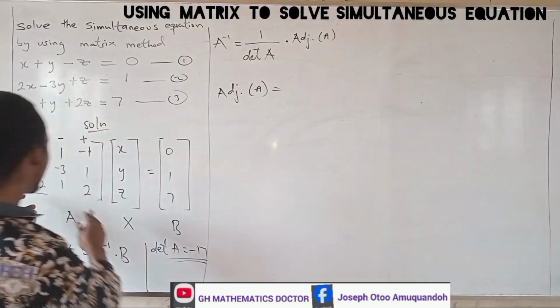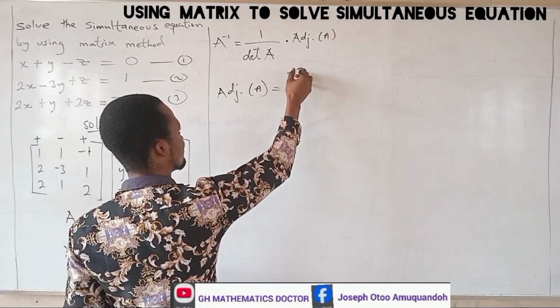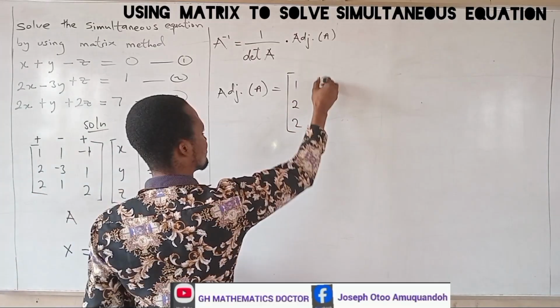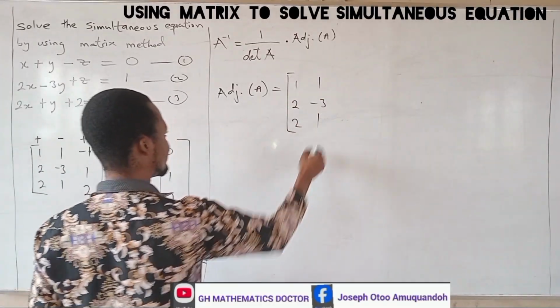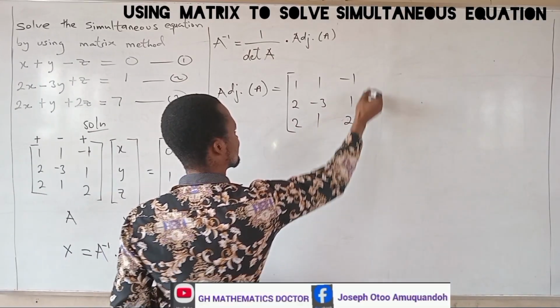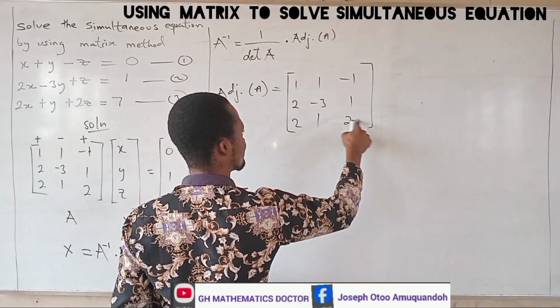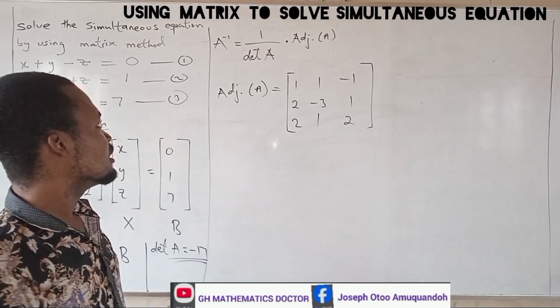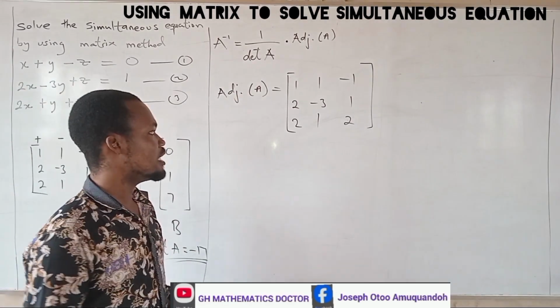So we repeat writing this matrix. All right. Now we're going to find the adjoint of this 3 by 3 matrix.